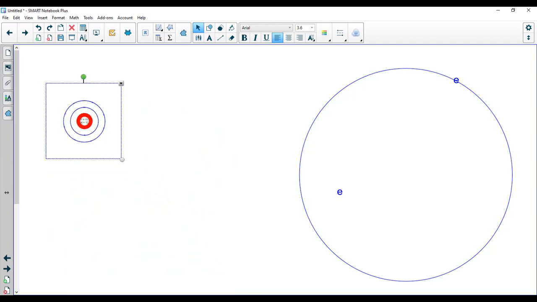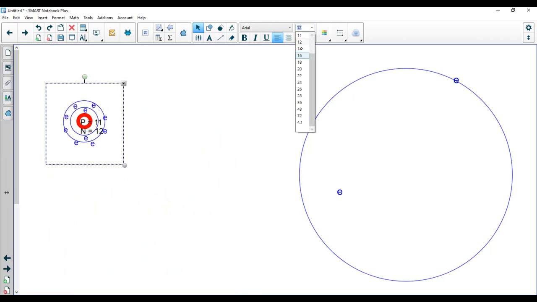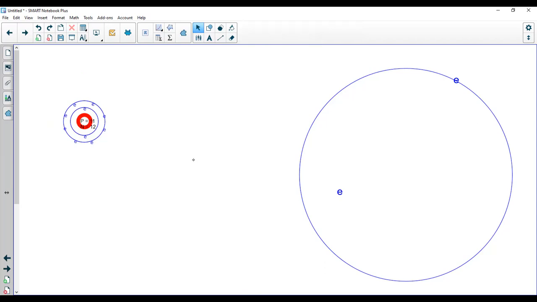Just fit it on, I can adjust the writing. So this thing is there. Is that right? And what about this 11th electron?